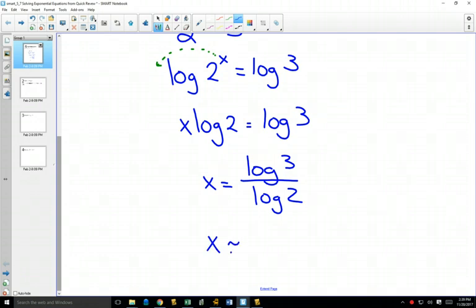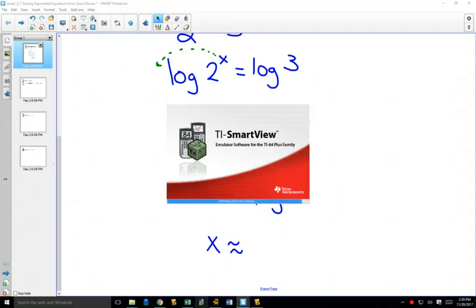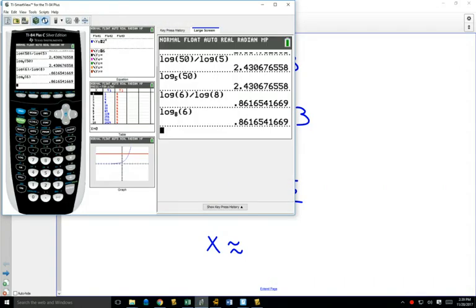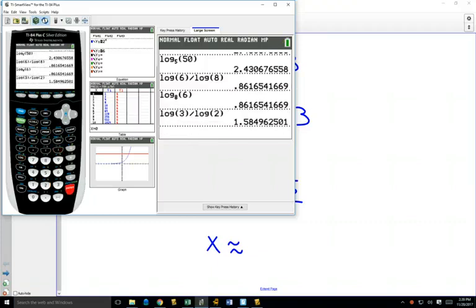Usually they ask for 3 decimal places, so if we go to our calculator and type this in, log of 3 divided by log of 2, we get 1.585.